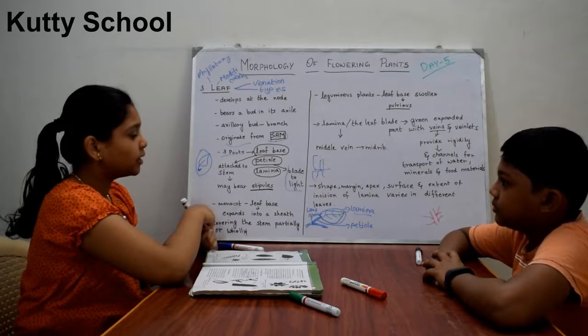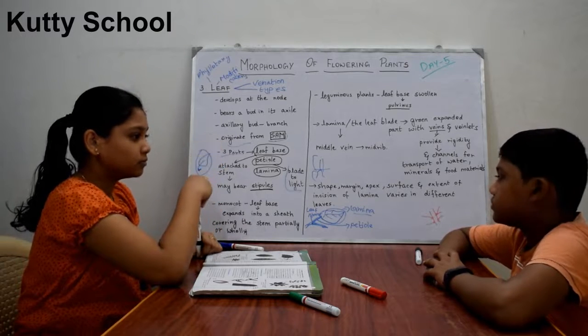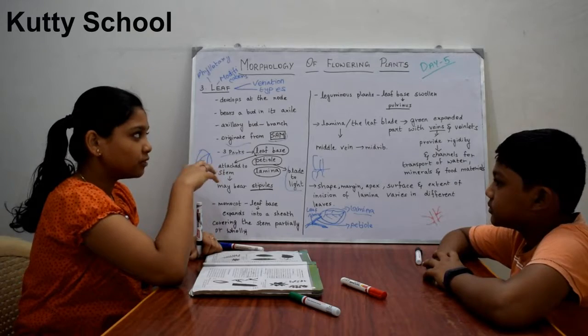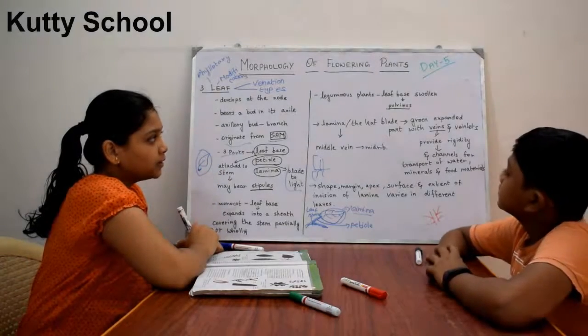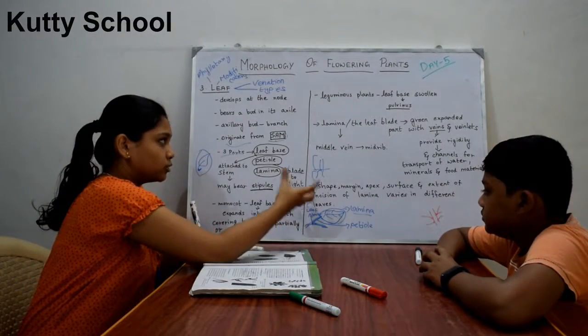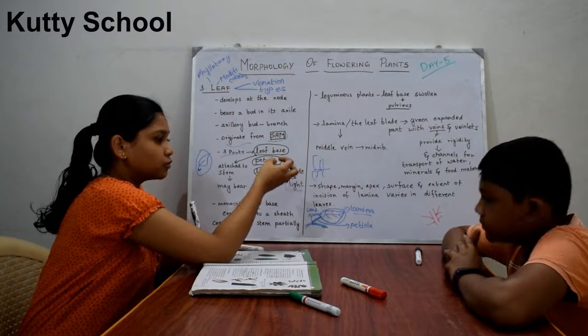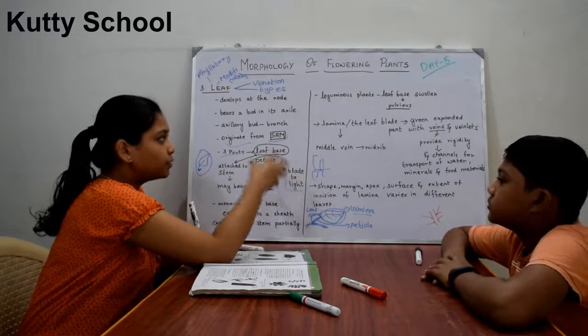Some variety of plants are called leguminous plants. In these plants, the leaf base swells. It bulges, which is known as a pulvinus leaf base. It will be swollen in leguminous plants.